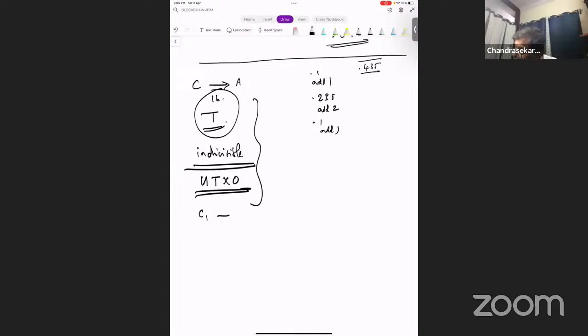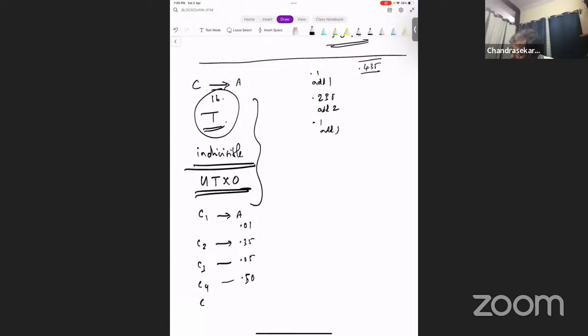From C1, you might have got 1 transaction in which you would have got 0.01. From C2, you might have got another transaction in which you would have got 0.35. From C3, you might have got 0.05. From C4, you might have got 0.1. This is nice, 0.435 I want. I have 0.4, let's say 0.50.